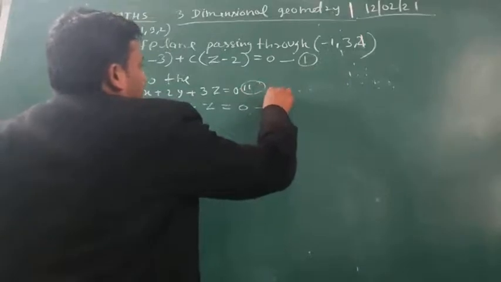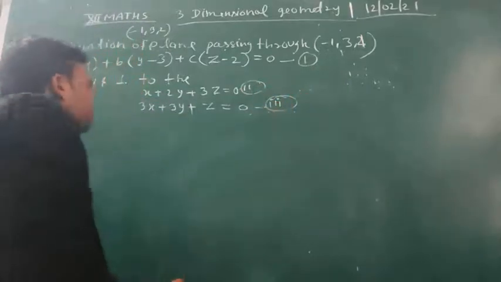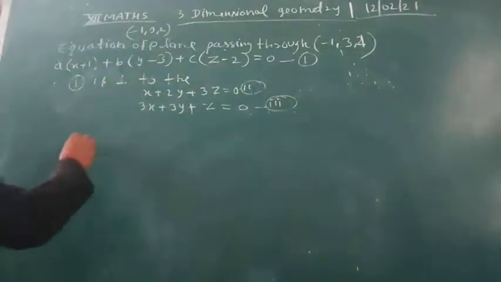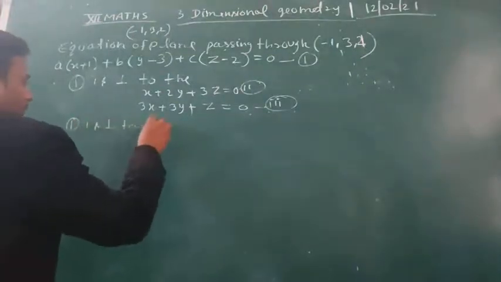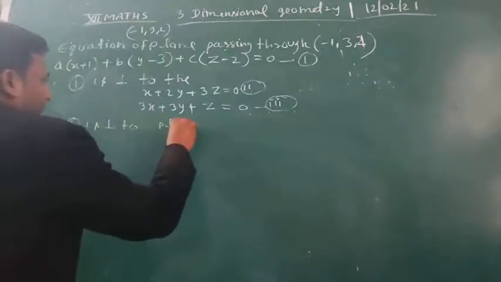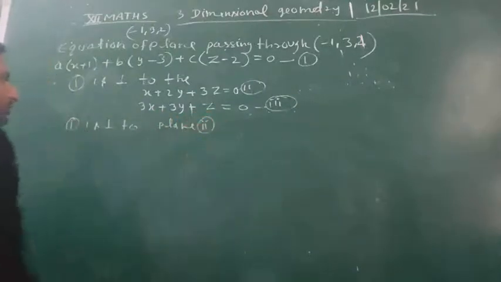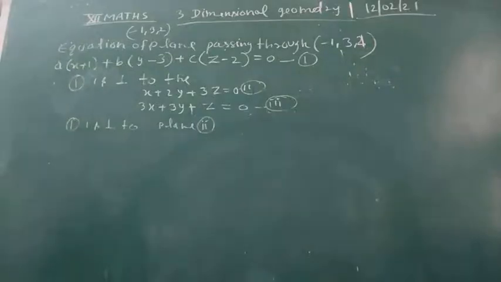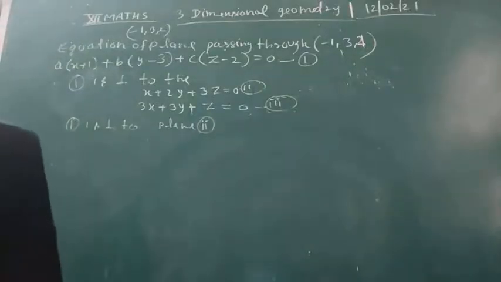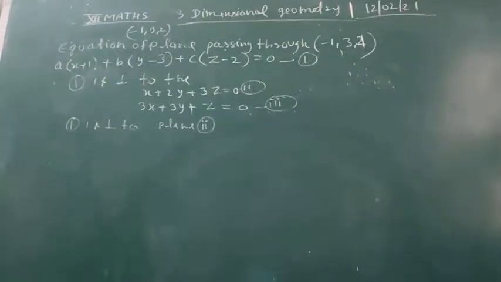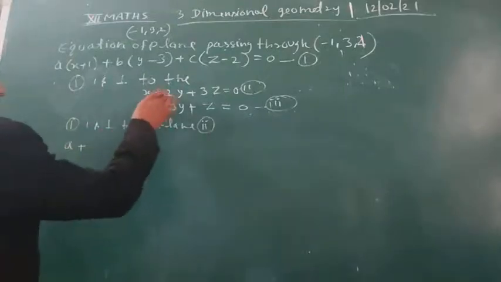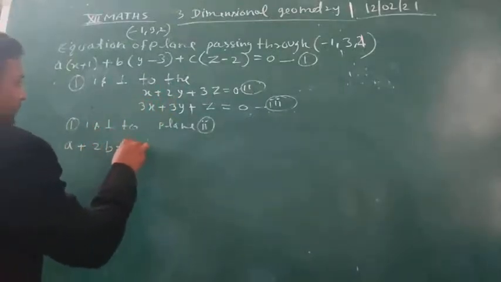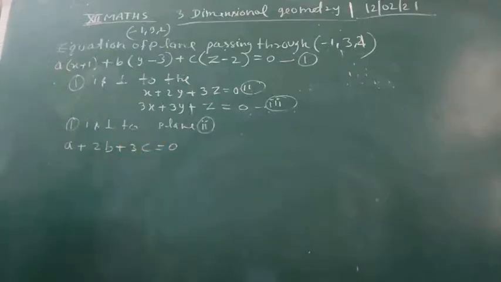Okay, students, so we know that if two planes are perpendicular, then the condition is a1 a2 plus b1 b2 plus c1 c2 is equal to 0. So we write, students, a plus 2b plus 3c is equal to 0.